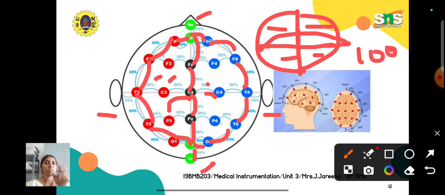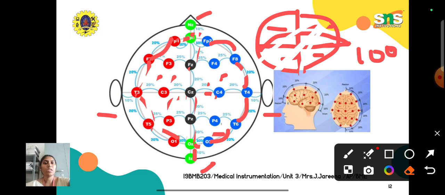It is 25% of these two points. The second one is also fixed, and the middle of this is F4, and downside you have P4, that is the middle of PZ and T6, and the middle of T5 and PZ is 25%, where you fix the middle point.